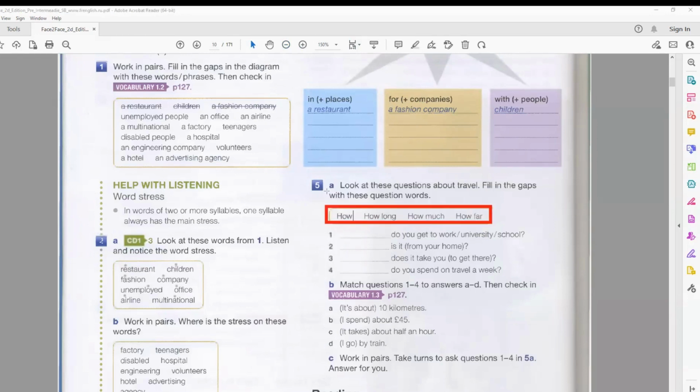So we have how long, how much, how far. Okay. How far do you get to work?